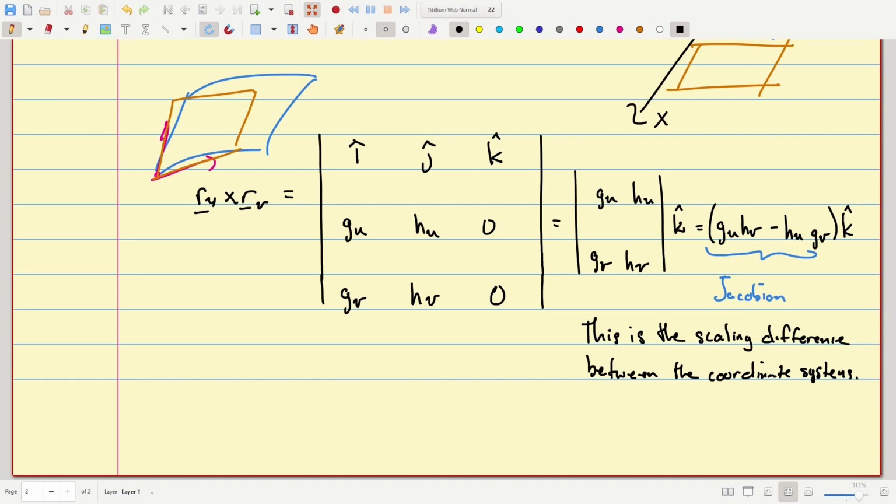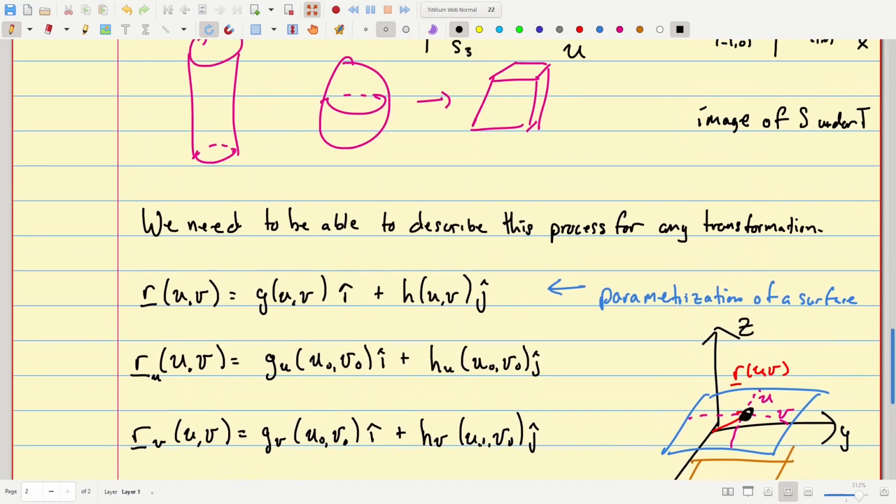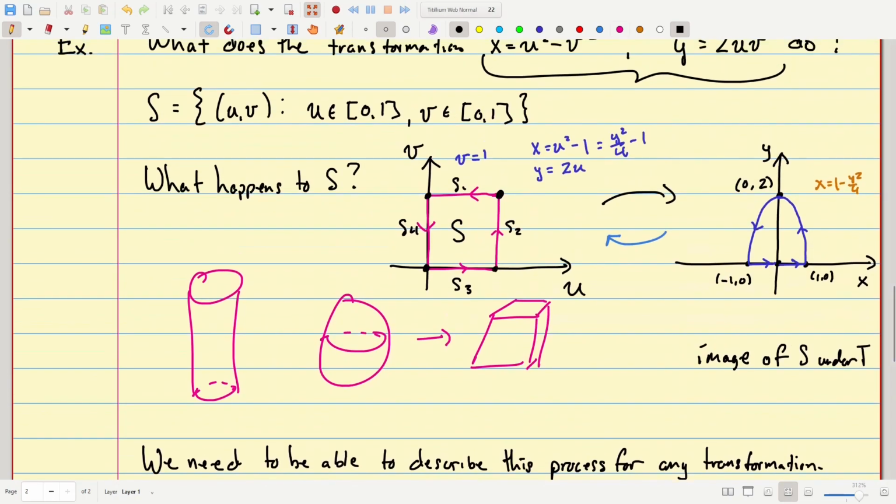So when we make a coordinate change, we're deforming our domains. I'll scroll back down in a second, but we are deforming our domains in a process like this.